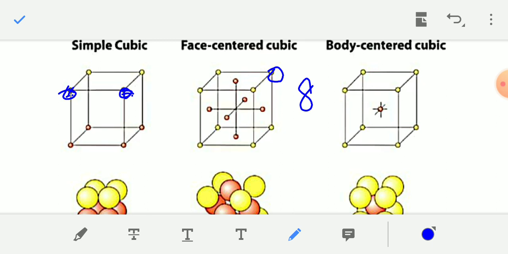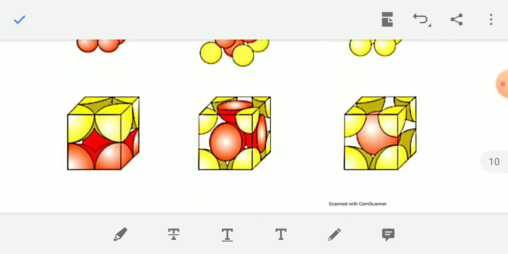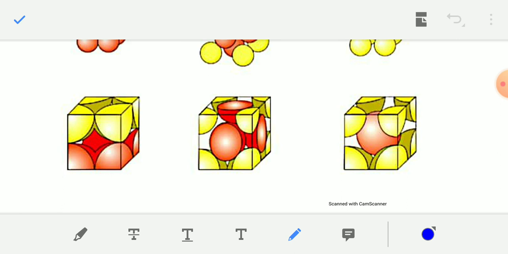Each particle present at the corner of a unit cell is shared between 8 such unit cells, okay. So for each particle present at the corner, the contribution to this unit cell is 1 by 8, because only 1 by 8 part is shared within this unit cell.